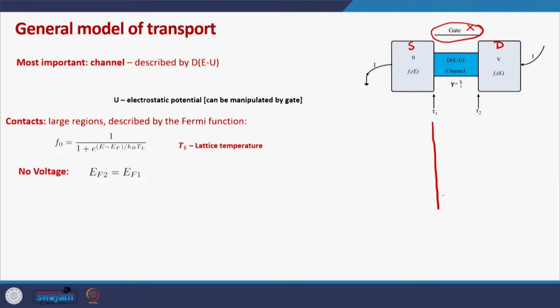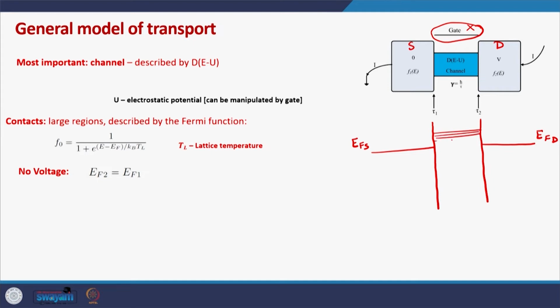When there is no voltage applied and the source and the drain contacts are identical, in that case the Fermi levels of the source and the drain, EFS and EFD, are at the same level.